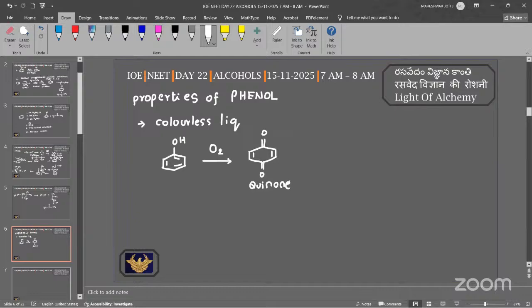So due to the formation of quinone, it appears brown. Right. Next is the smell of phenol. It is called phenolic odor.